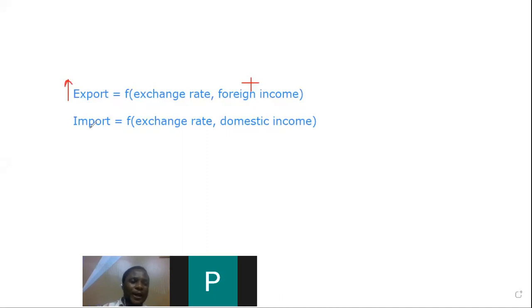For import also, the relationship between import and domestic income is positive. Once your domestic income improves, for developing economies, the next thing they'll be thinking of is how to import. For example, if I have money, do you think I'll be wearing this Nigerian Yaba-made shirt?